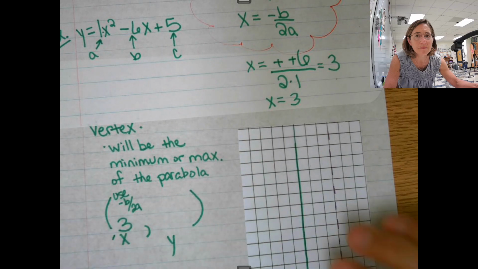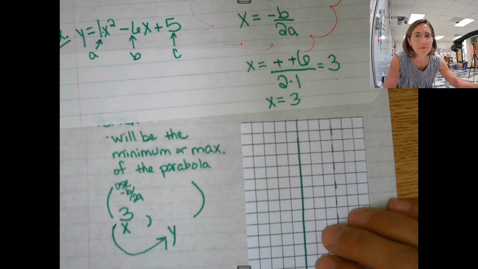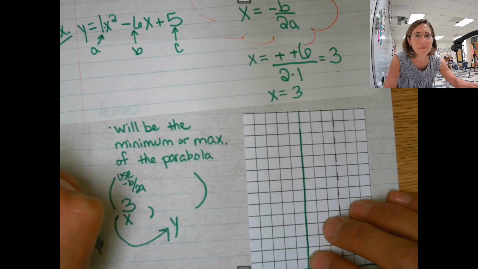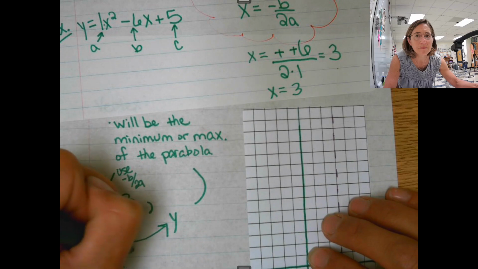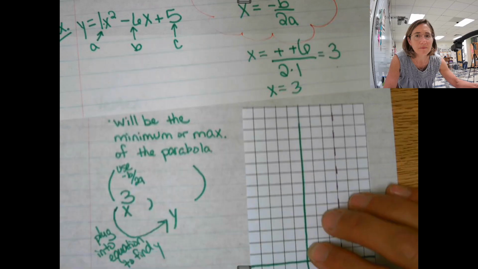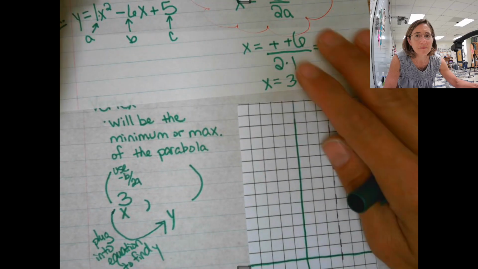It's very annoying. So anyway, this 3, I'm going to take that and plug it into the equation to find y. So I'm going to label this plug into equation to find y. Okay, so I'm going to take that 3 and we're gonna plug it in here for x.